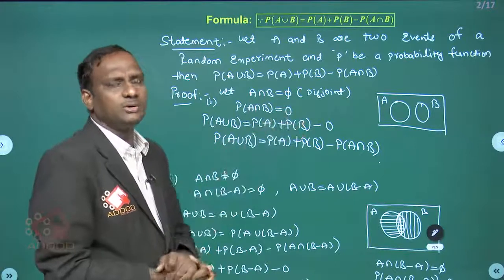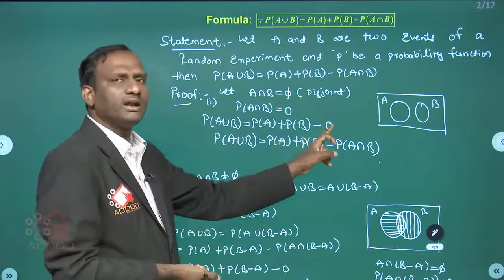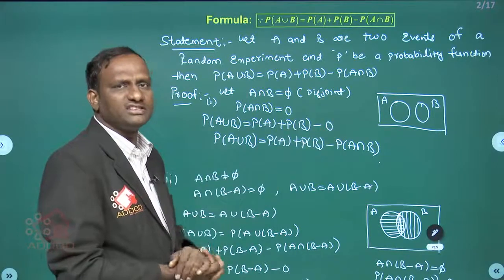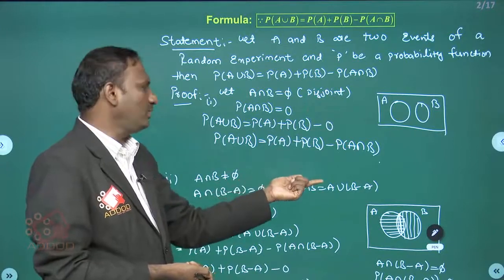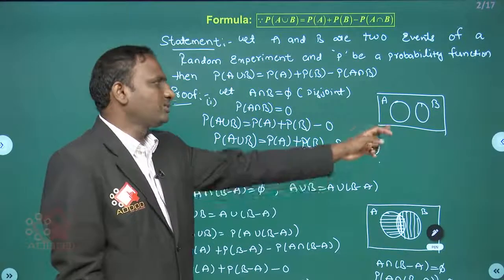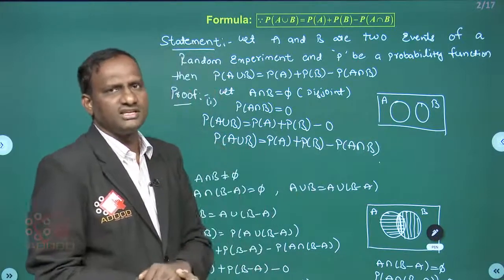So directly the theorem holds: P of A union B is equal to P of A plus P of B minus 0. Instead of 0 I can write P of A intersection B. So P of A union B is equal to P of A plus P of B minus P of A intersection B. Coming to the figure, A and B are disjoint sets, in the sense nothing is in common.